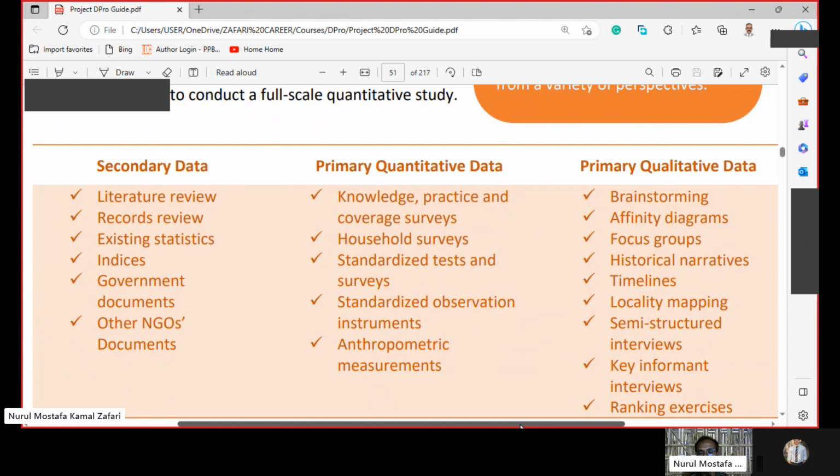Brainstorming, affinity diagrams, focus groups, historical narratives, timelines, locality mapping, semi-structured interviews, key informant interviews, ranking exercises.